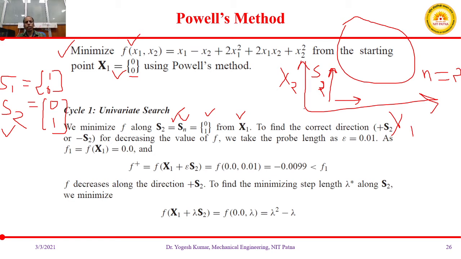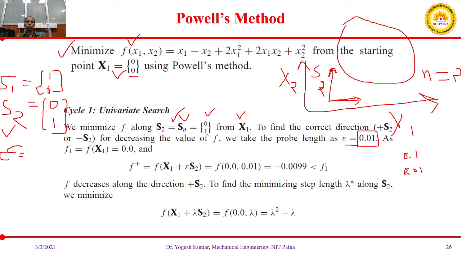How will we find in which direction your function is getting minimized? We will have some probe length, say epsilon, equal to 0.0001. You may take it 0.1 or 0.001, depending upon your convenience.